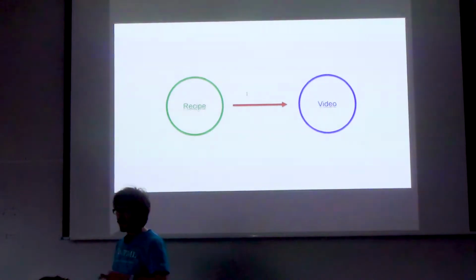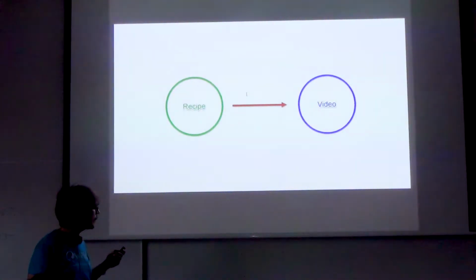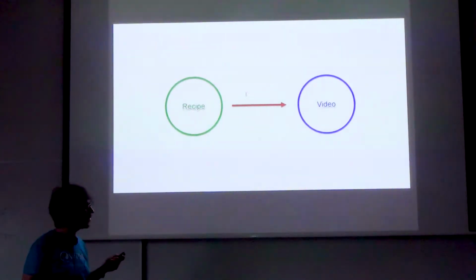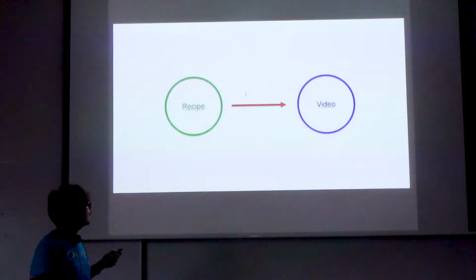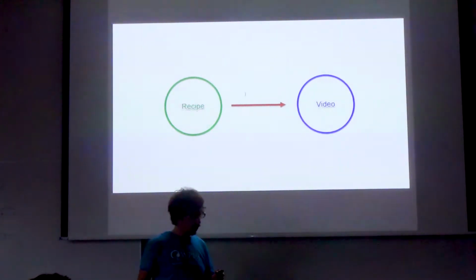And my example here, actually the image is not completely accurate, because this arrow could also be here, because it's not exclusive. When I'm showing the video, I can show the recipes and vice versa. So this is a one-to-one relationship.